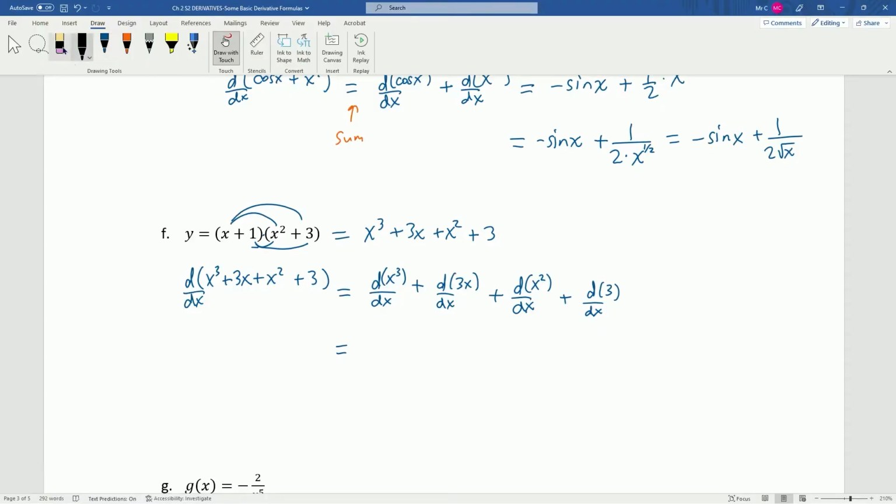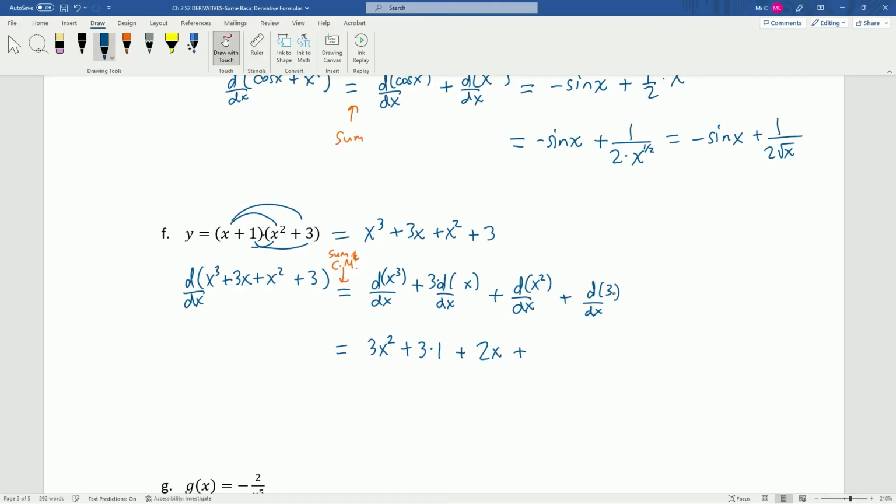Okay, now I'm going to do one little thing here. I wrote the derivative of 3x with respect to x. I'm going to go ahead and move the 3 out of that derivative. So essentially I've done two things here. I've done the sum rule and the constant multiple rule. And so now I apply the power rule here, I get 3x squared. I apply the x rule here, I get 3 times the derivative of x, which is 1. I apply the power rule, I get 2x.